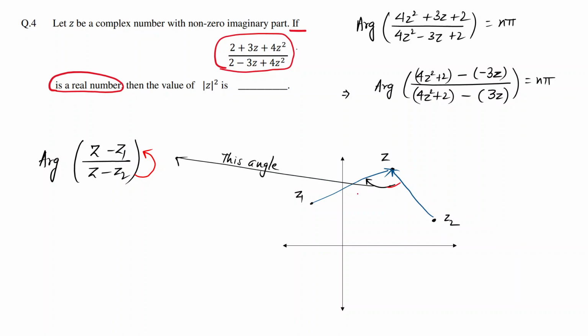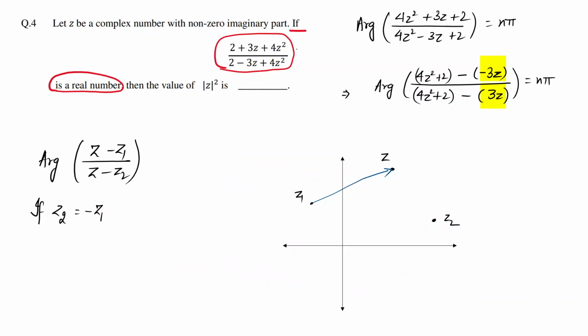by this argument. Now what we see is that in our expression the z1 and z2 are not independent. The z2 is the negative of z1, right? And when this happens, geometrically you should know, when a complex number is the additive inverse of another complex number, then they lie on the same line through the origin.